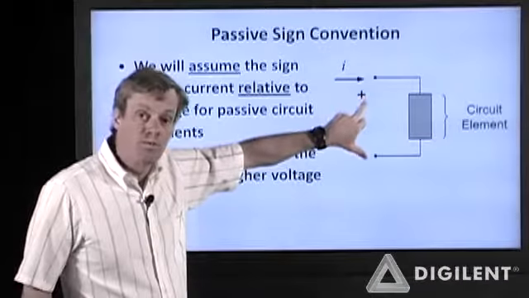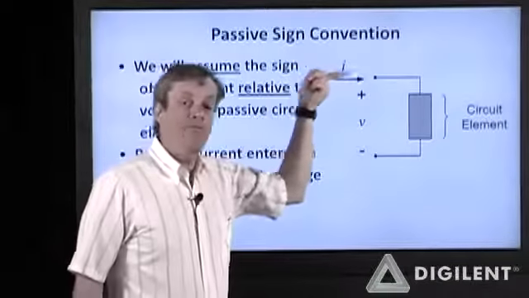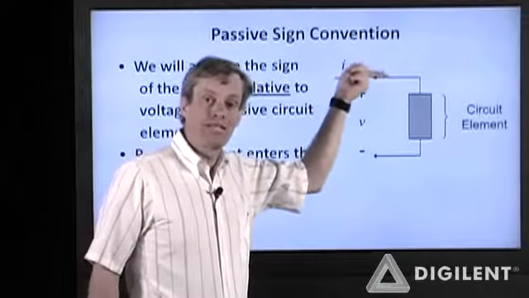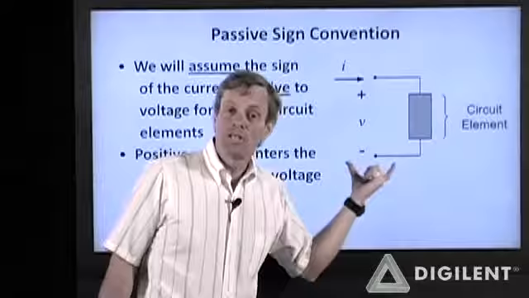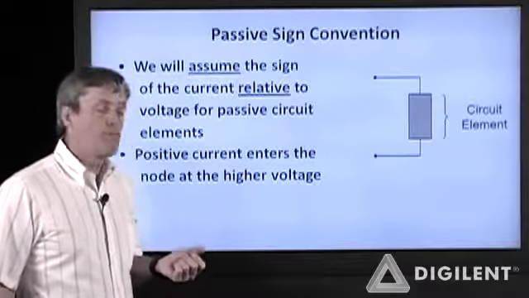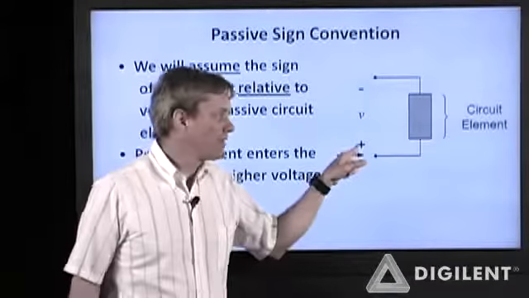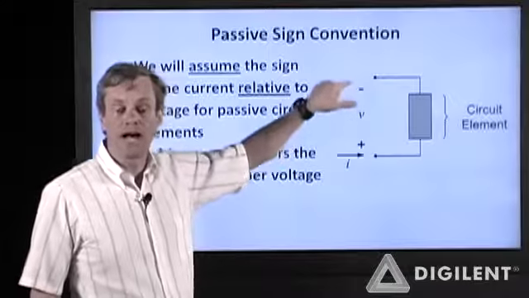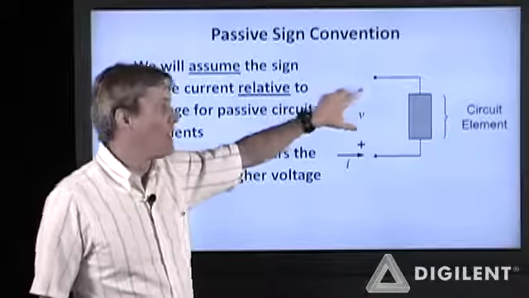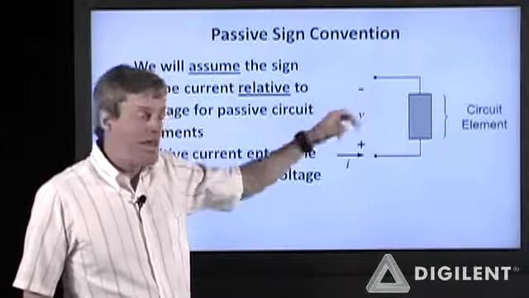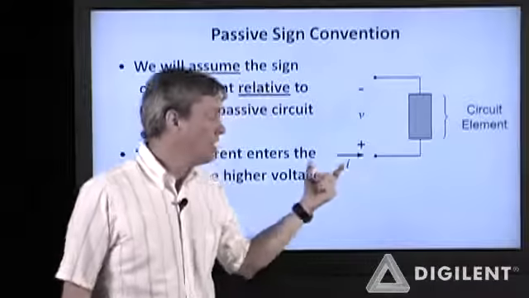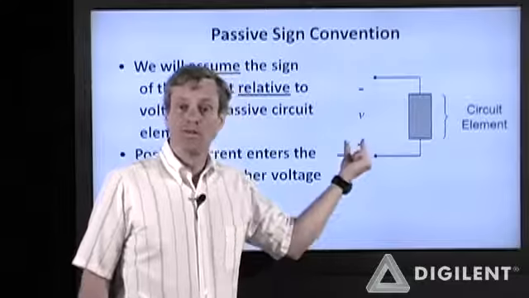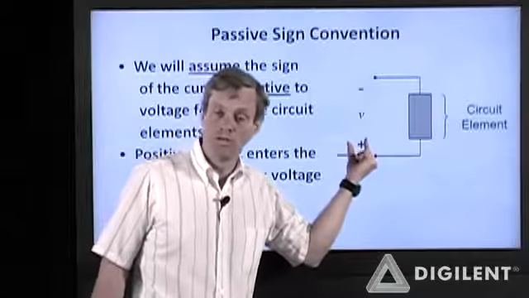So if I assume this voltage polarity, I have to assume that current is entering the upper voltage node. Now, that's not the only assumption I could make. It would be perfectly legitimate to assume that the voltage at the lower node is higher than the voltage at the upper node. However, if I do that, I must assume that the current is entering the bottom node now. Current has to enter the node which is at the higher voltage.